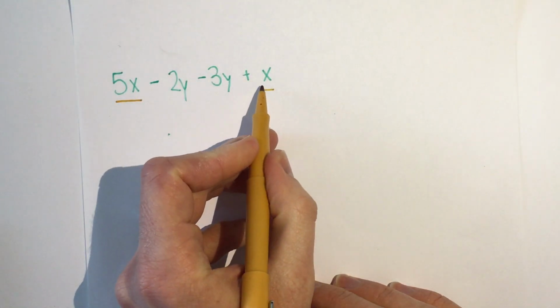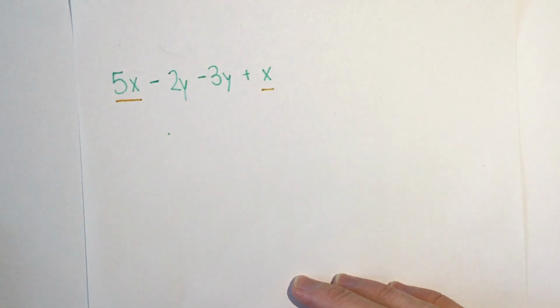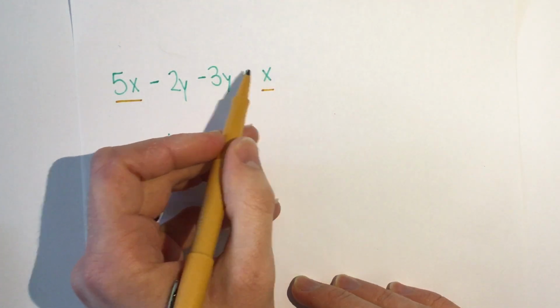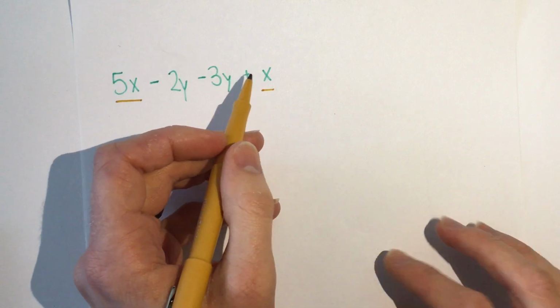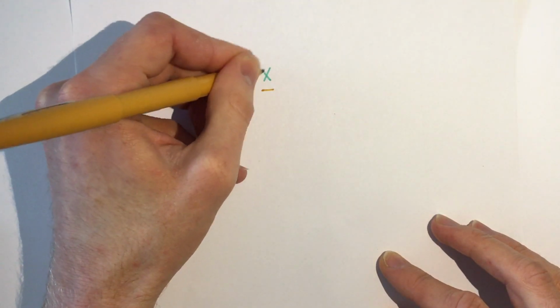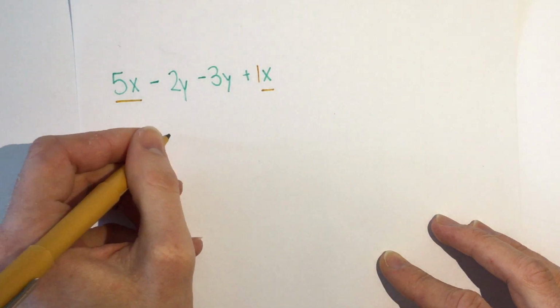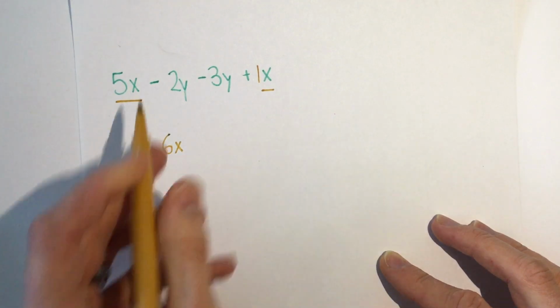Now here's something that we haven't seen. If we just have x, think about if this is an apple, we just had apple. That would mean we have one apple. So when a number isn't written in front, we imagine and know that it's 1. So 5x plus 1x makes 6x.